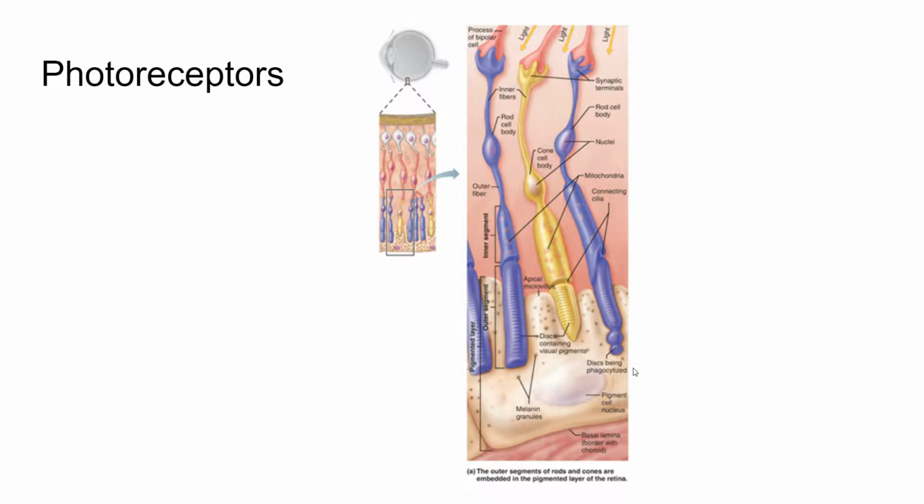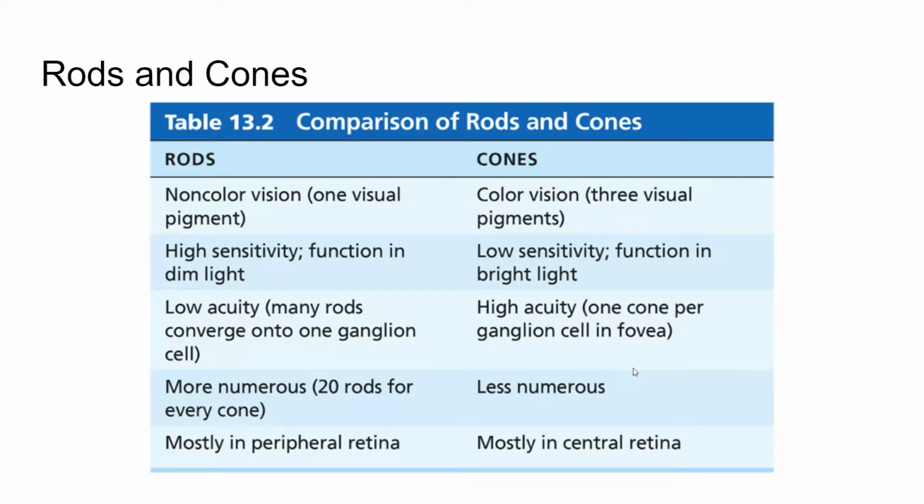And again, there are two types of photoreceptors: rods and cones, and just a couple of differences here. You can see this table, and I won't read the whole table to you, just point a couple things out. Rods are very sensitive to light. This makes them best suited for night vision, for peripheral vision, meaning they're able to take in the smallest amounts of light and deal with them very well.